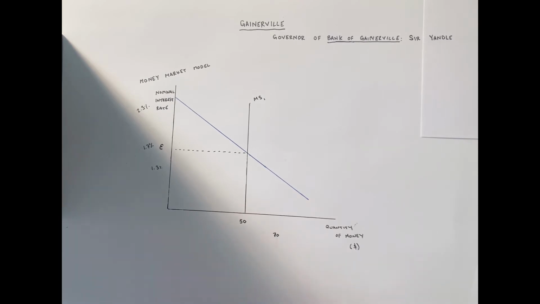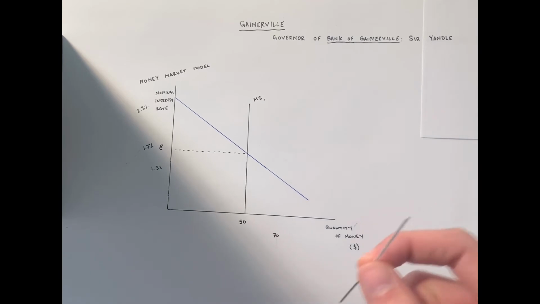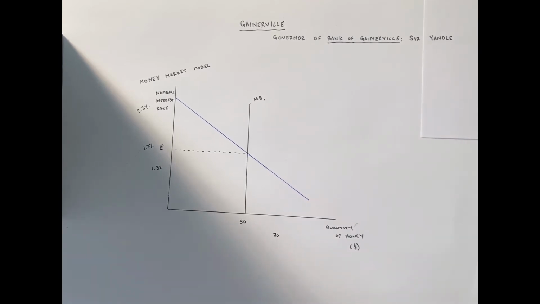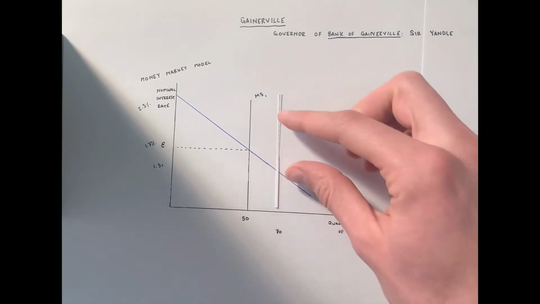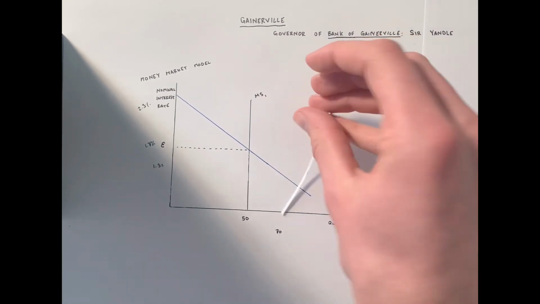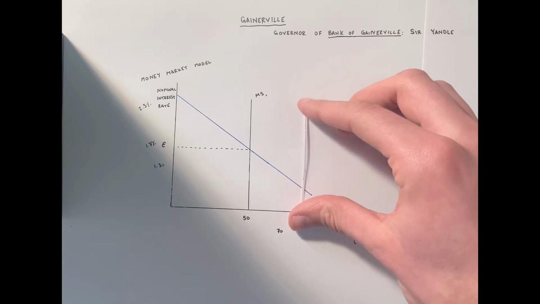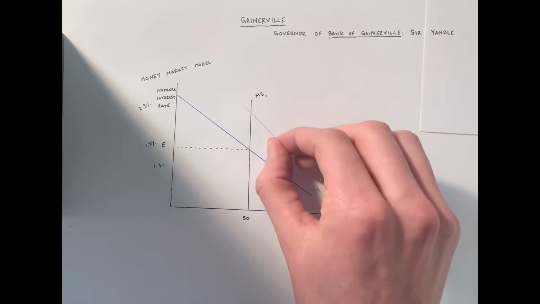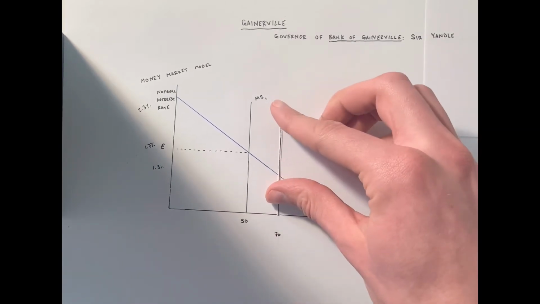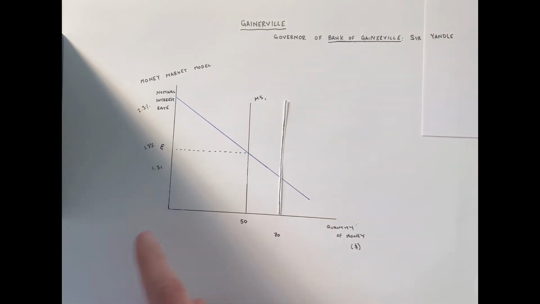But now let's say, for example, Sir Yandel votes and the government decides to increase the amount of money in the market. So they're going to go to $70 now. Oh shoot, it's upside down. Okay, so now that it's at $70, it's going to have a new equilibrium point.